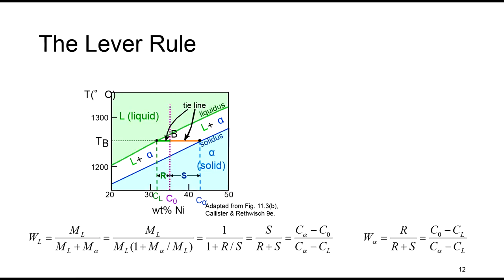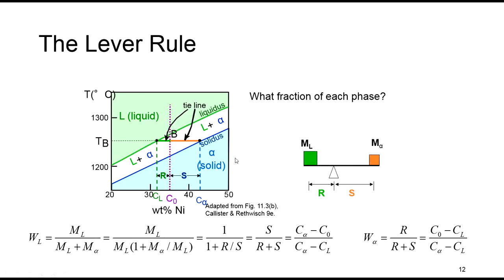The relation that we just used is known as the lever rule. If you look at this phase diagram, when we are in the region dealing with two phases at the same time, at a certain point like B, if we want to find the fraction of each phase, we actually use something like a teeter-totter or a seesaw.